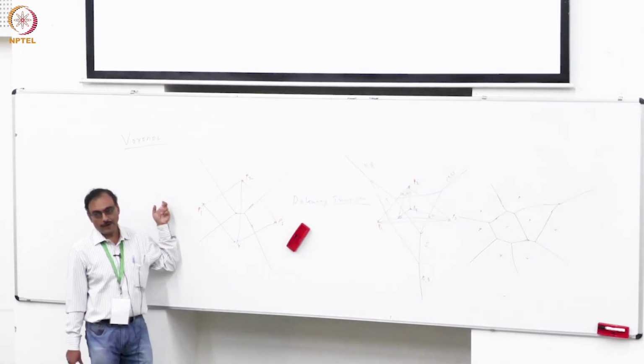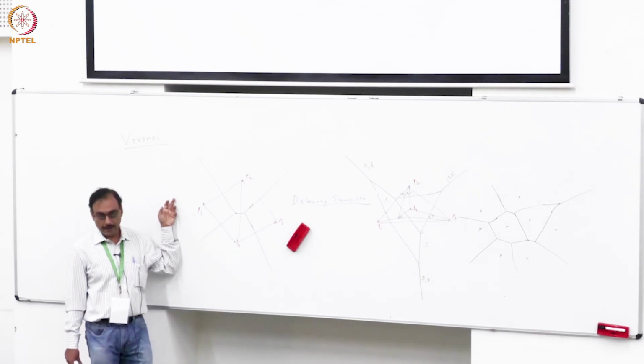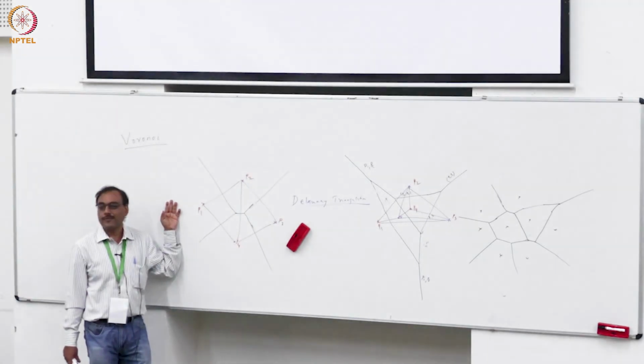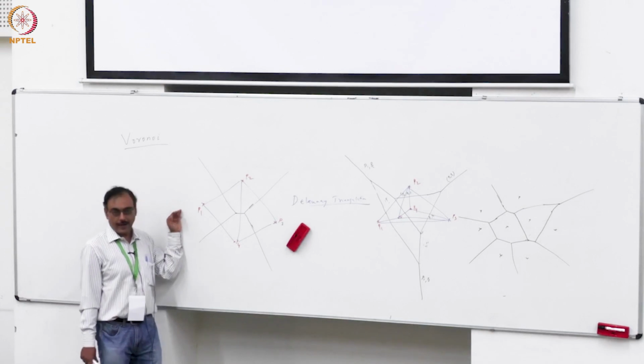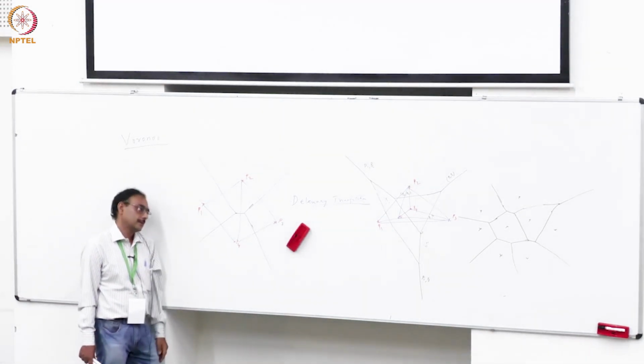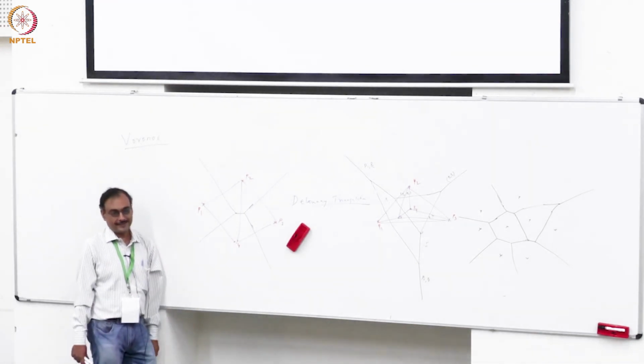For every Voronoi polygon there is a Delaunay what? For every Voronoi edge there is a Delaunay edge. Is that right or wrong? Now, for every Voronoi polygon or a Voronoi region there is a Delaunay, that is what is not going to happen.